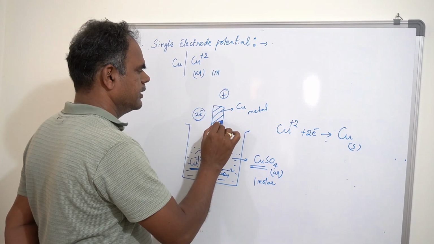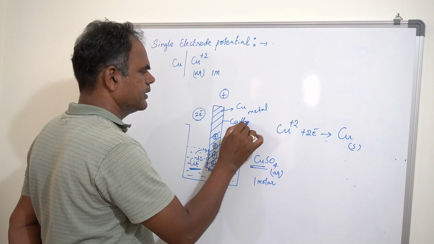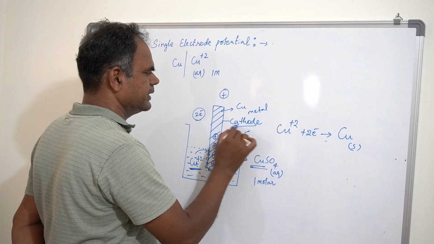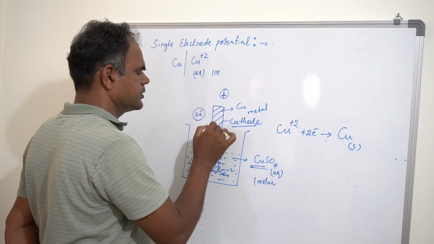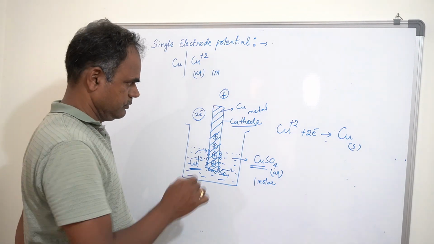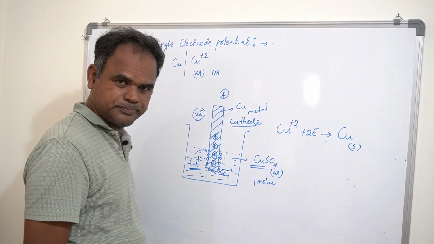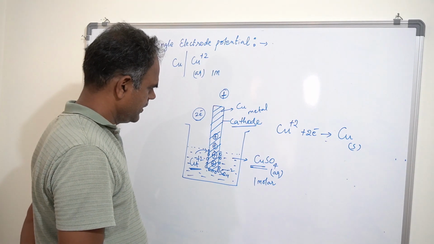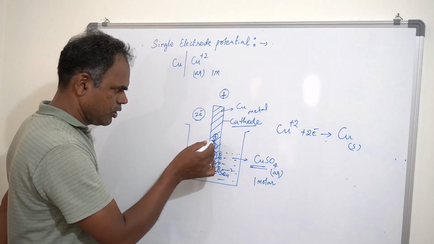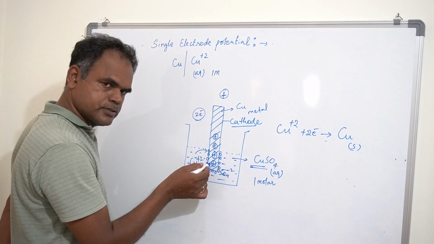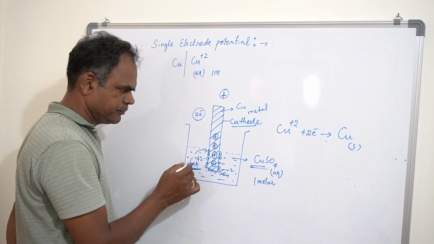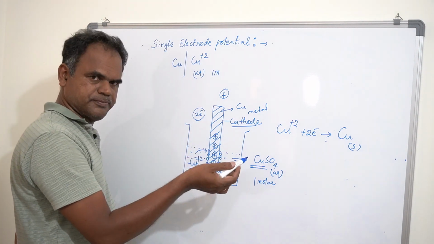That means the cathode gets positive charge. So now this electrode is a cathode, carries positive charge, because copper metal atoms lose electrons and give them to cupric ions in order to cause reduction.